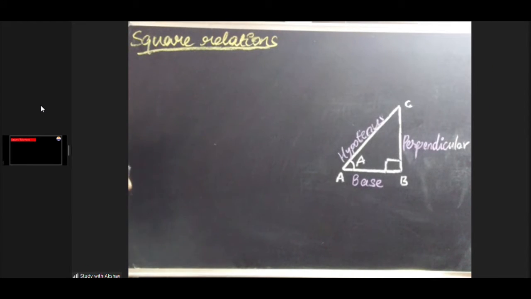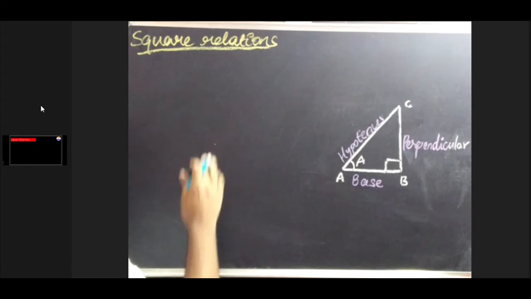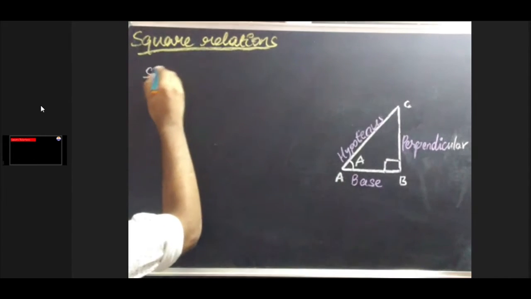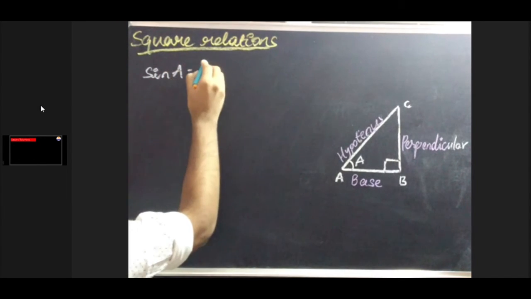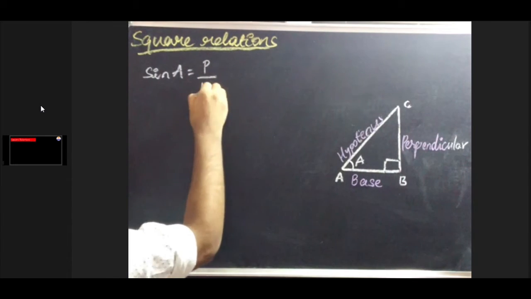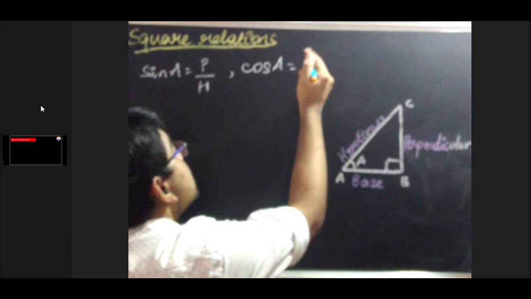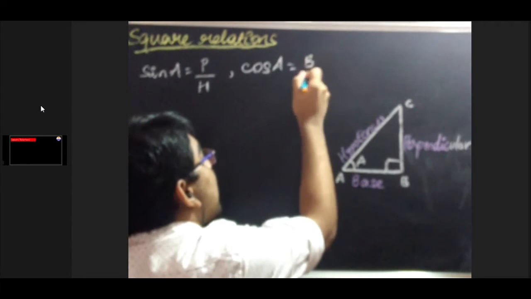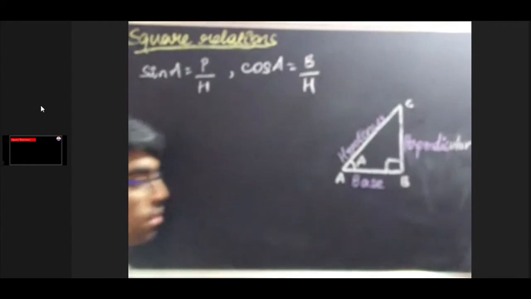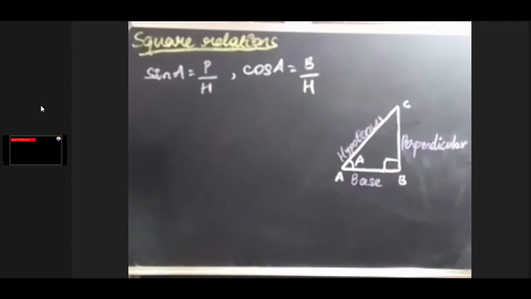So under square relation, let's consider sin A equals perpendicular by hypotenuse. Cos A equals base by hypotenuse. Okay.